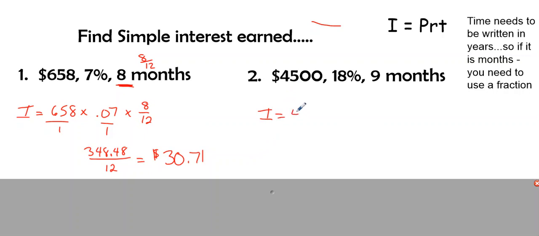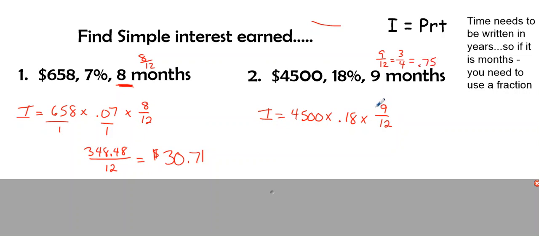Okay, let's do this one. Interest equals 4,500 times, move your decimal 2 places, 0.18 times 9 months, 9 out of 12. Now you can continue to do it this way, but also if you think about 9/12, 9/12 is the same thing as 3/4, which is the same thing as 0.75.